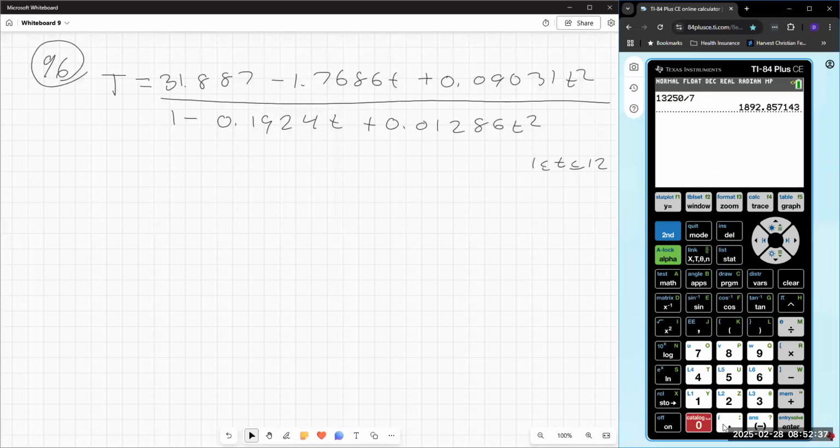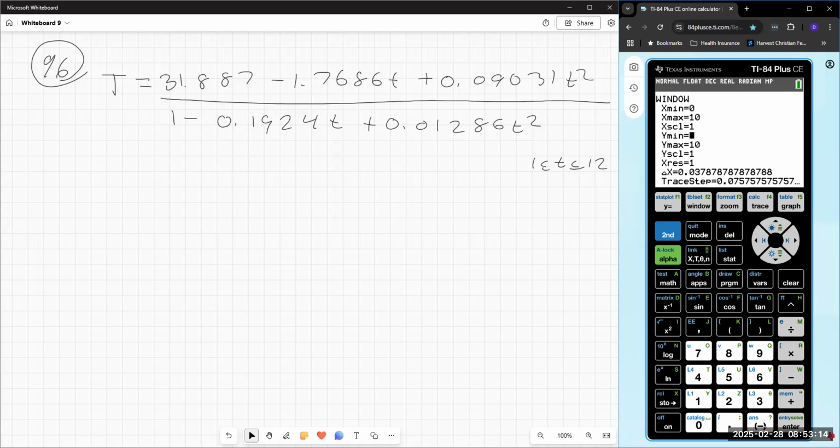I'm just going to figure out part of the answer here to help me figure out how high my graphing window needs to be. Okay, so my window just needs to go maybe between 0 and 10 by ones. And no, let's pick a reasonable range for the temperatures.